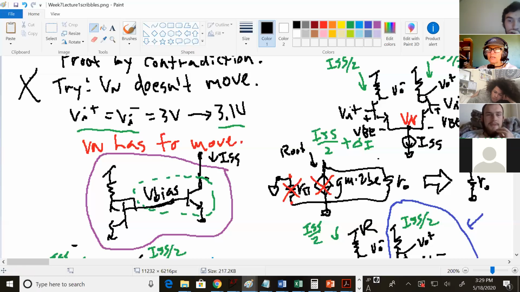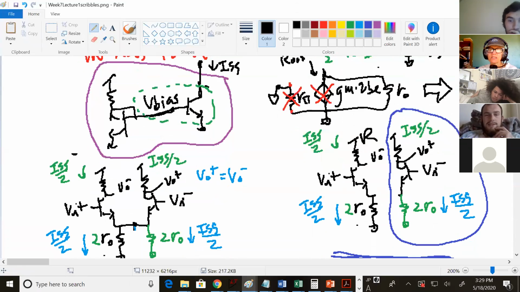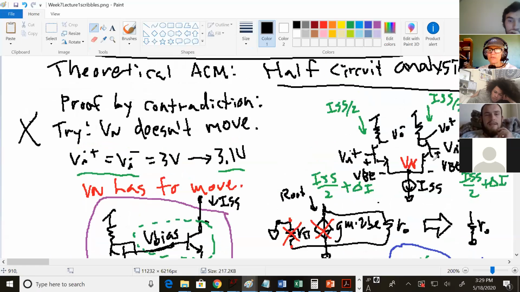Okay, so the next thing, just to remind you of what else went on with that derivation, is we looked at this node, and for the differential mode gain half circuit analysis, we assumed that this node didn't move. So when the inputs are equal and opposite, Vn doesn't move.